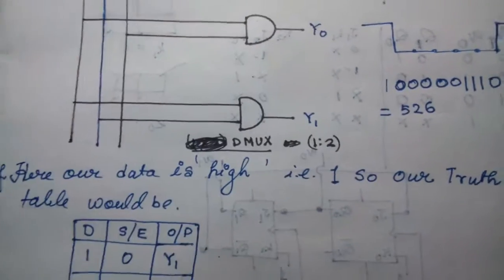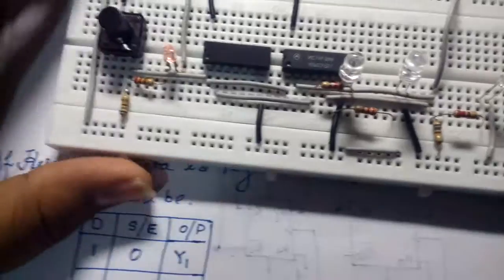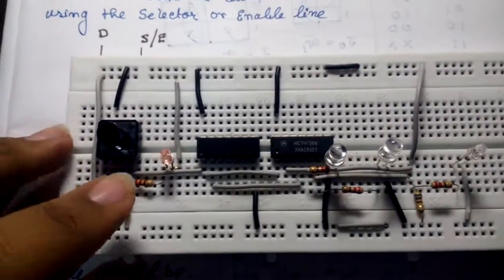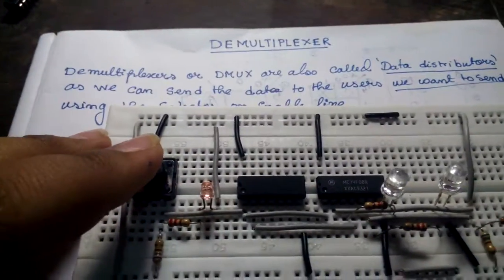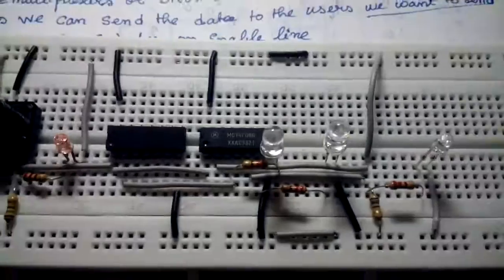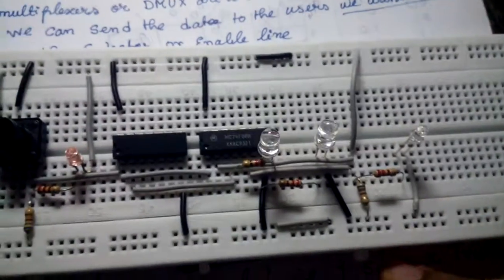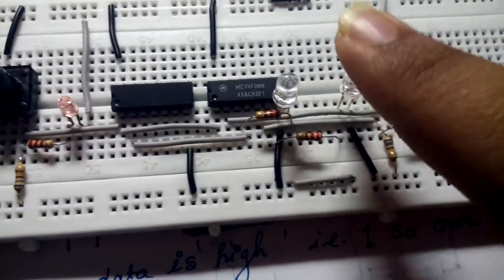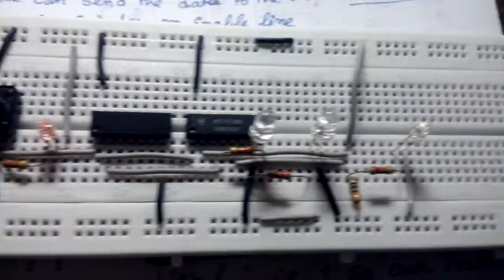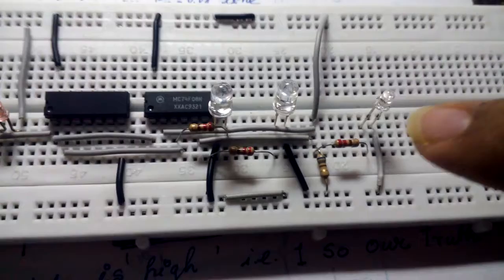So I have made the circuit on a breadboard, and as you can see I have used this push button switch as my selector or enable line, and two LEDs to test this. When I select, this LED is y1 and this LED is y0, and this LED marks the type of data.